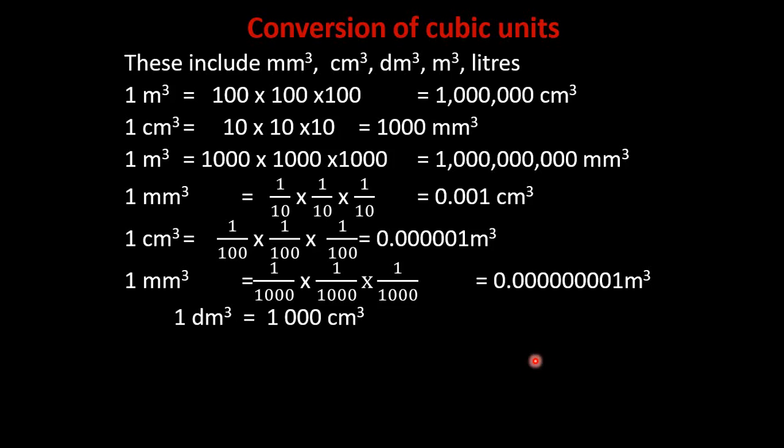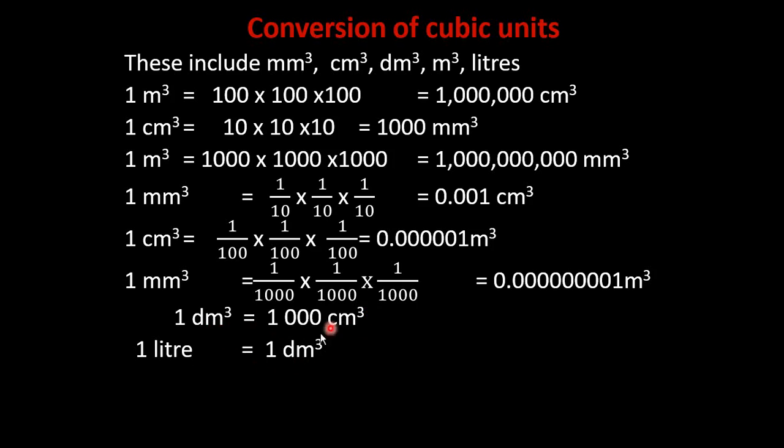Let's look at this next one also: 1 cubic decimeter is equal to 1000 cubic centimeters. This is very important for you to know. And also we need to know that 1 liter is equivalent to 1 decimeter cubed, or 1 cubic decimeter.